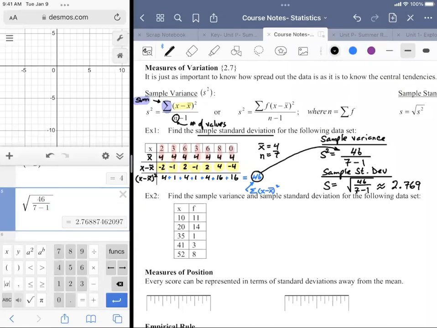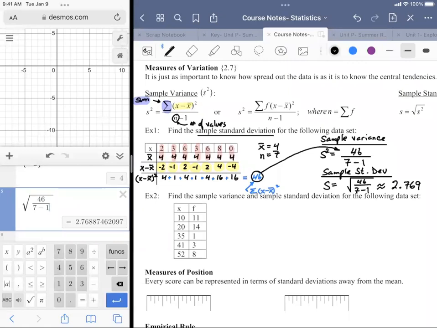So without that information, we just look at this and say, okay, well, there is some spread. Right? Any non-zero value, and they always have to be positive anyway, would have to indicate some sort of spread. If the sample standard deviation is equal to 0, that means that every value is identical, right? That there would be no spread whatsoever to the data, right?